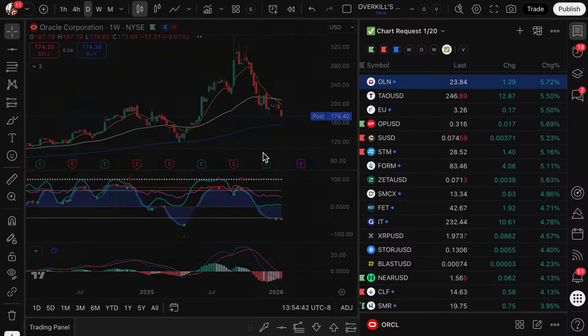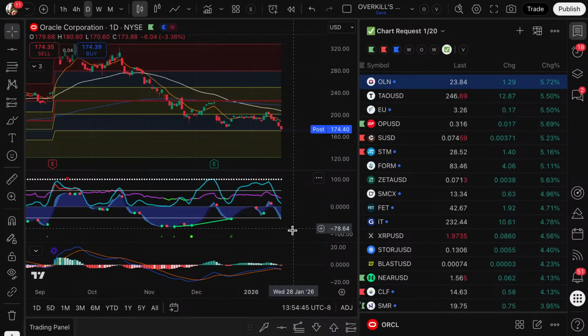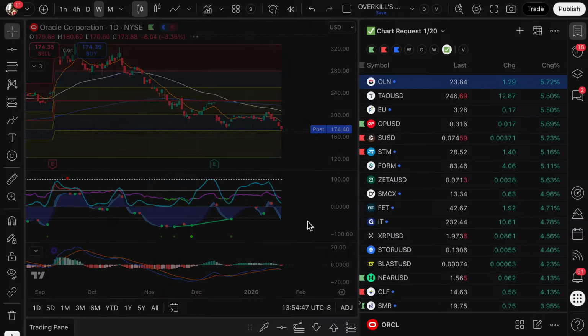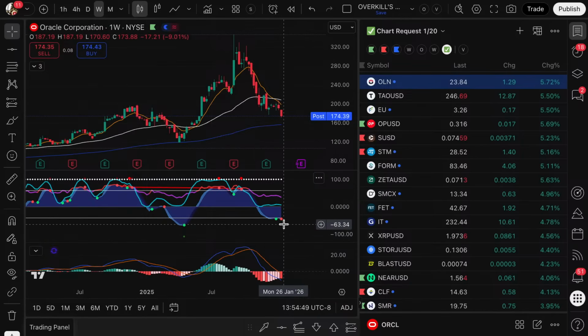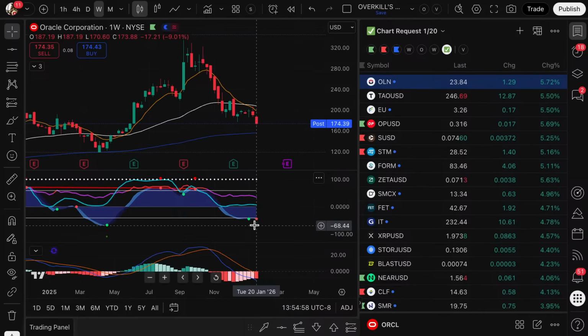I'm either going to buy the next daily signal we get, or the next weekly. I might buy both of them if this prints. But if the price goes back up tomorrow, if we get a big move back up to 190, that dot could fade away. As long as the dot has not closed, it's not confirmed.